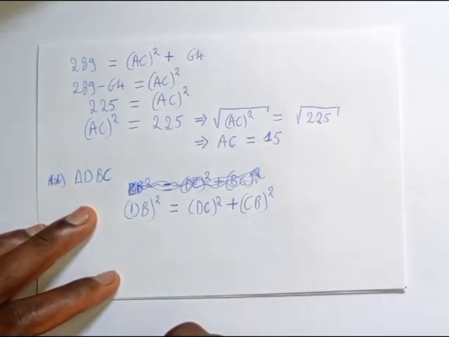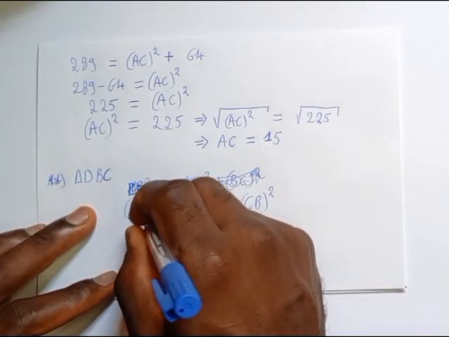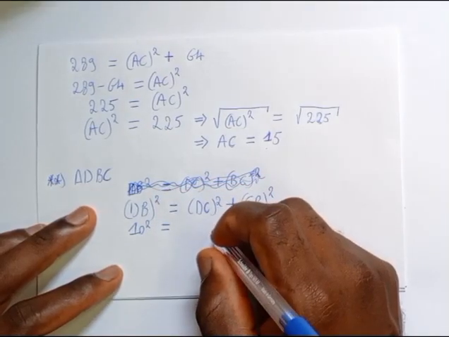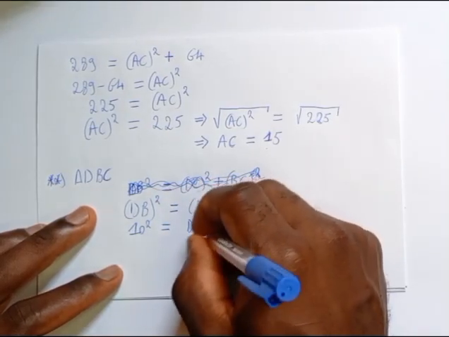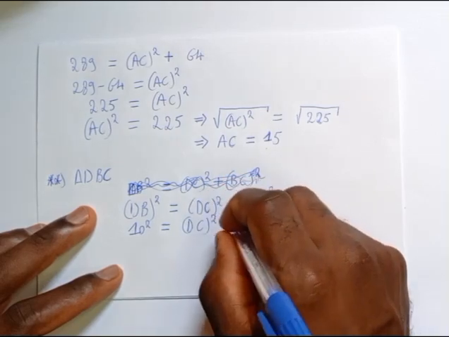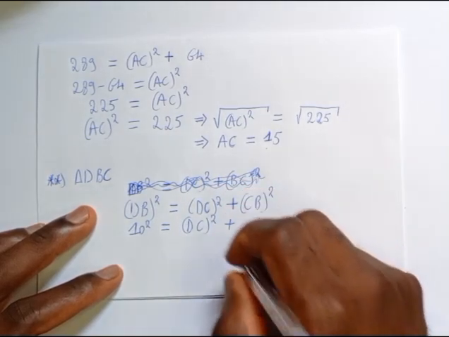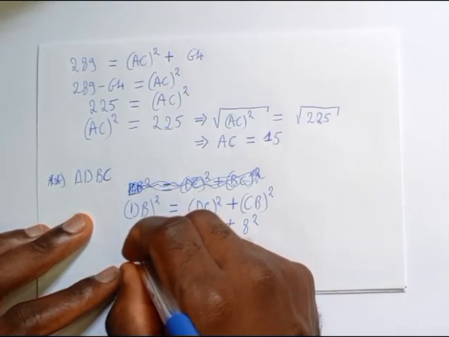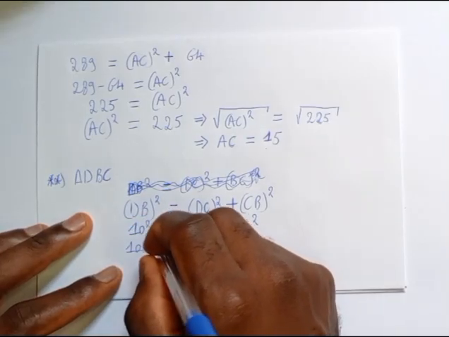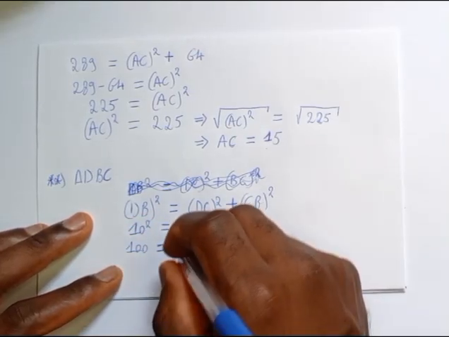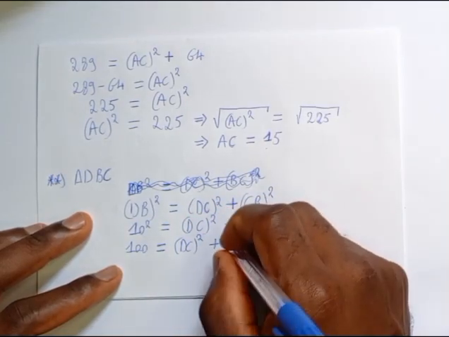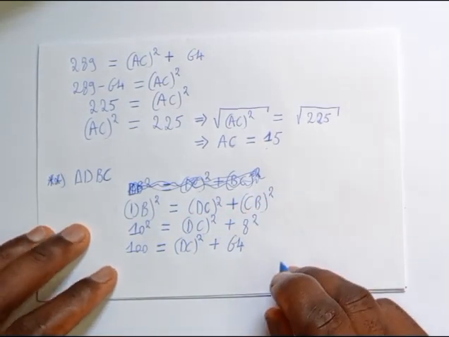DB is equal to 10. 10 squared will be equal to DC. We are looking for DC. Is DC plus CB is 8, 8 squared. 10 squared gives us 100 equal to DC squared plus 8 squared, which is 64.